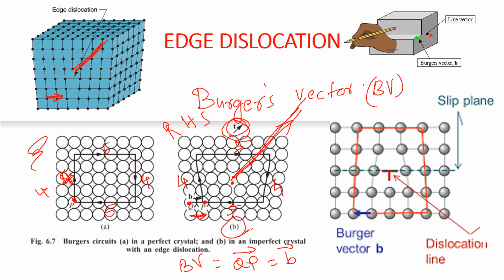Then the Burger's vector also has to be drawn in the clockwise direction. That is the convention that we generally use. So draw a unit vector along the direction of dislocation line. Use the right hand screw rule. If we move the screw in the clockwise sense and the tip of the screw points in the direction of the vector t, then the Burger vector also has to be drawn in the clockwise sense.